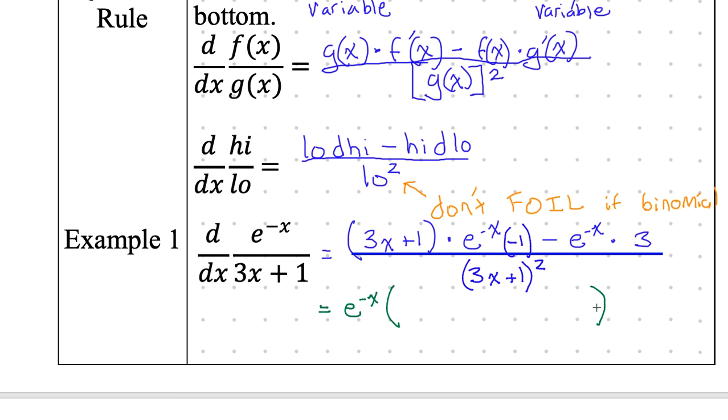Who can do a bunch of mental math? You have to distribute the -1 into this binomial, and then after you do that, you also have to factor out the e to the -x, that's going to be left with a 3, so it's -3. Lots of mental math. Who wants to try to simplify that numerator?